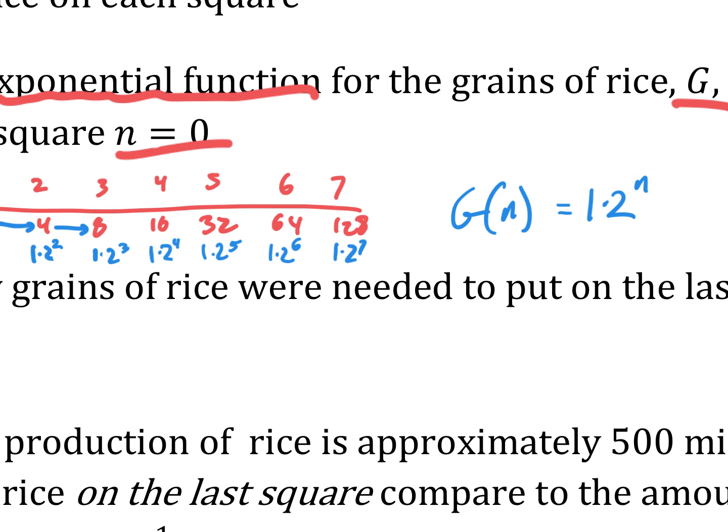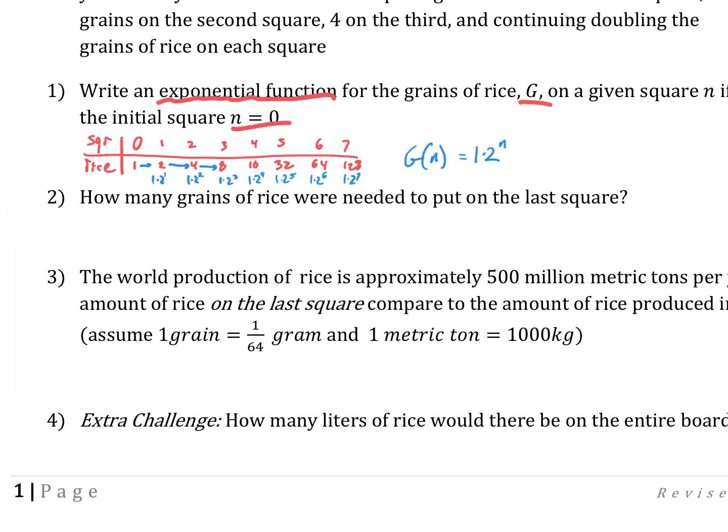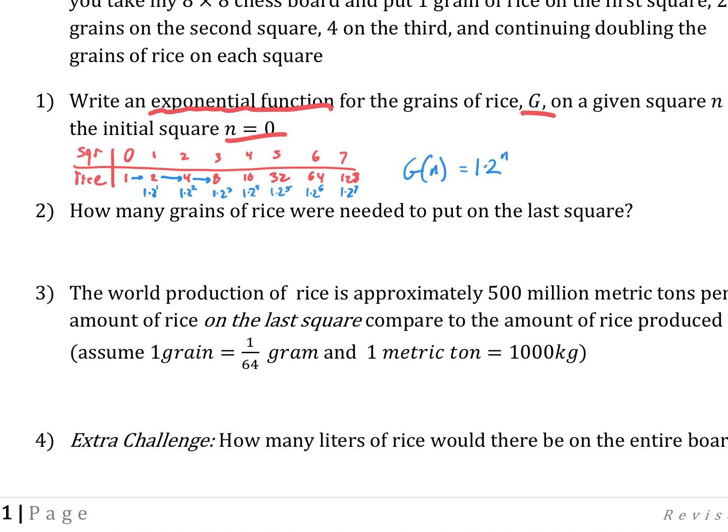That's what we had on the 0 square. So now the question is, how many were on the last square? Well, there's 64 squares, so since we started at 0, the last square is going to be n equals 63. So that would be g of 63, which would be 1 times 2 to the 63rd.